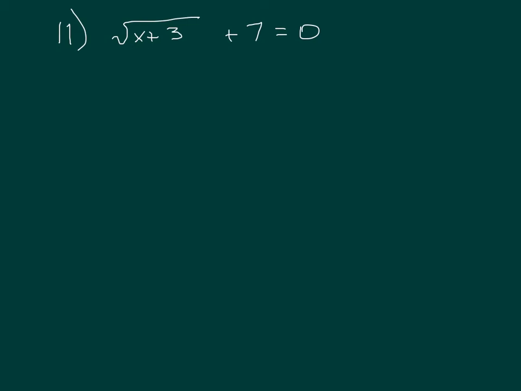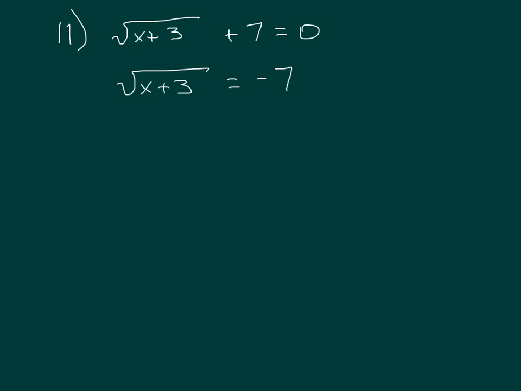In this problem, we need to get our square root on one side, so we subtract 7 to isolate our square root. Now, the question is to solve, and we know that the square root of a number can never be a negative number. It would be perhaps negative 7i, but it wouldn't be negative 7.